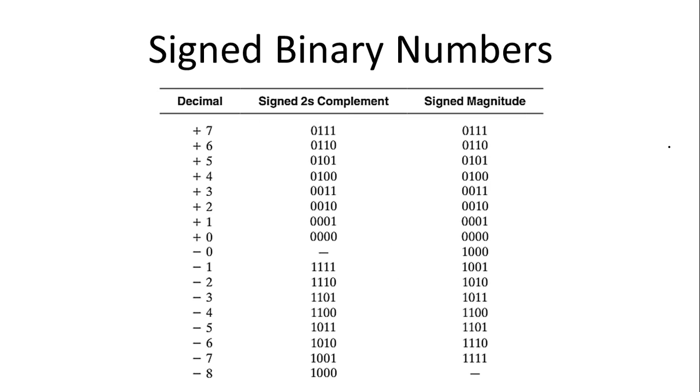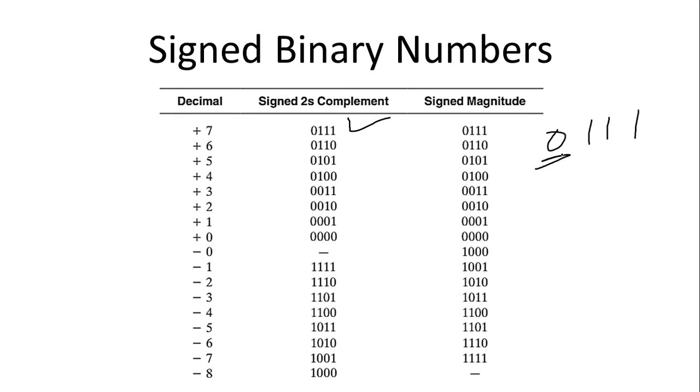Before moving further, we should understand signed binary numbers. The most significant bit is used for sign. Here is 0 1 1 1, and this bit is behaving as the sign bit. If this is 0, then the number is positive.